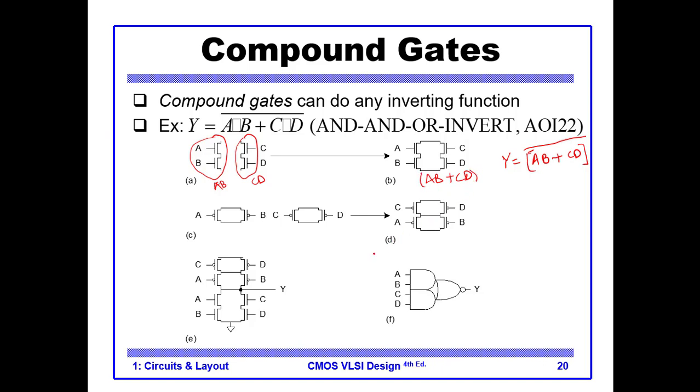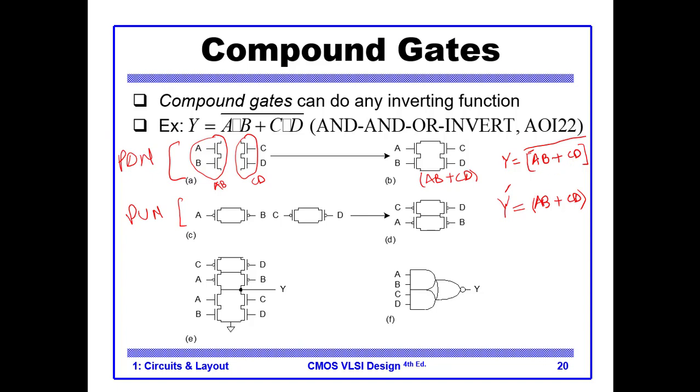And this is our pull down network, and this is our pull up network. So you see, the pull up network should be derived from AB plus CD.